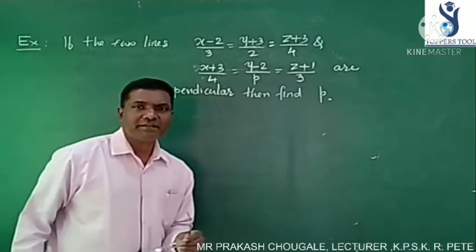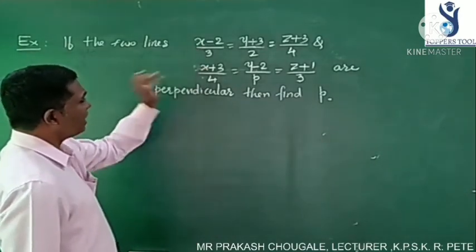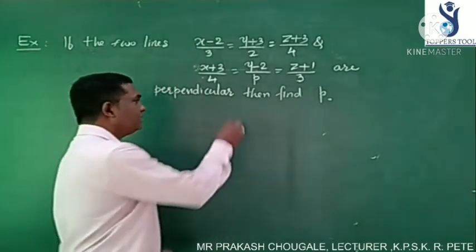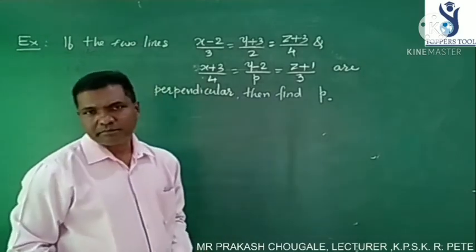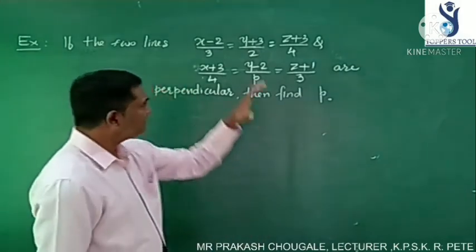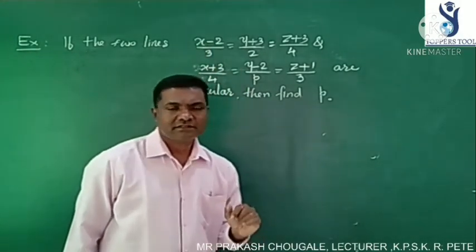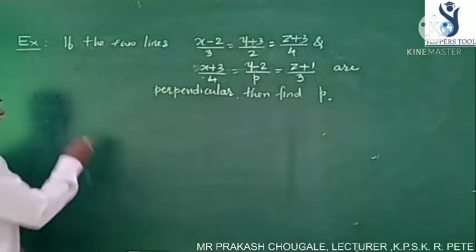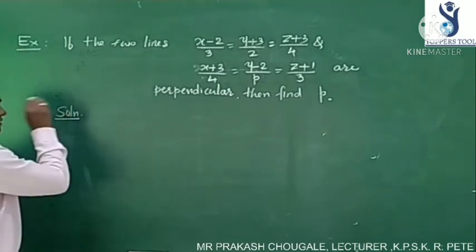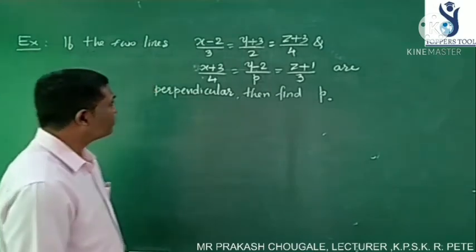Now see here one more example. You are given that the two lines are perpendicular, then find the value of P. It means for what value of P these given two lines are perpendicular. So let us first find what are the direction ratios of the given two lines.